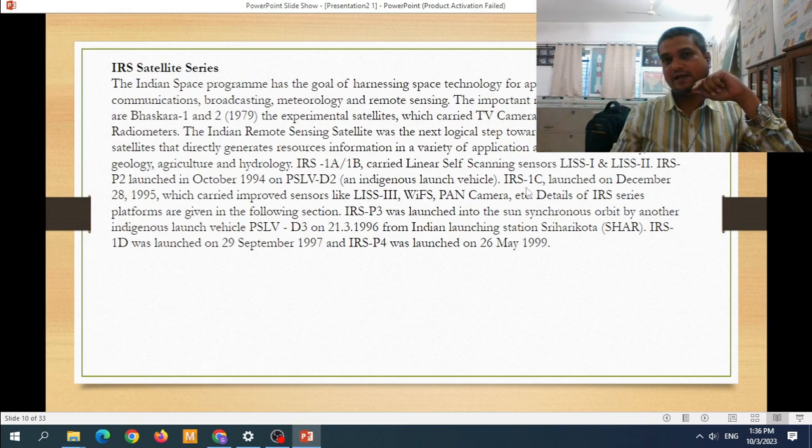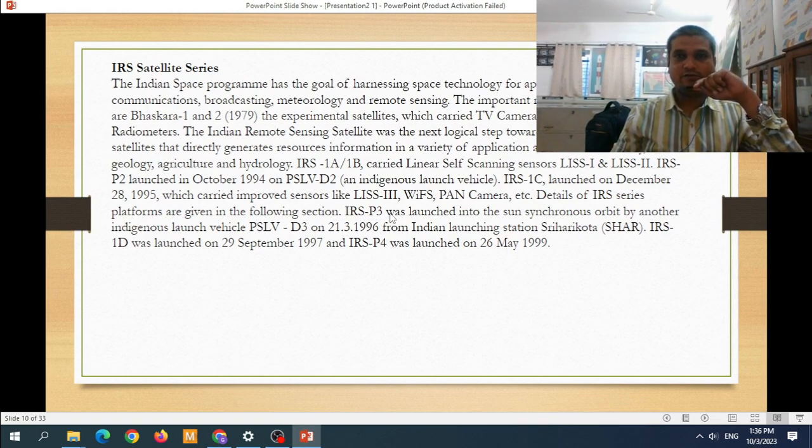Okay. Then IRS 1C, 1D, you have to remember these names, depending on the purpose. IRS 1C launched on December 28, 1995, carrying improved sensors like LISS 3, WiFS and PAN camera.